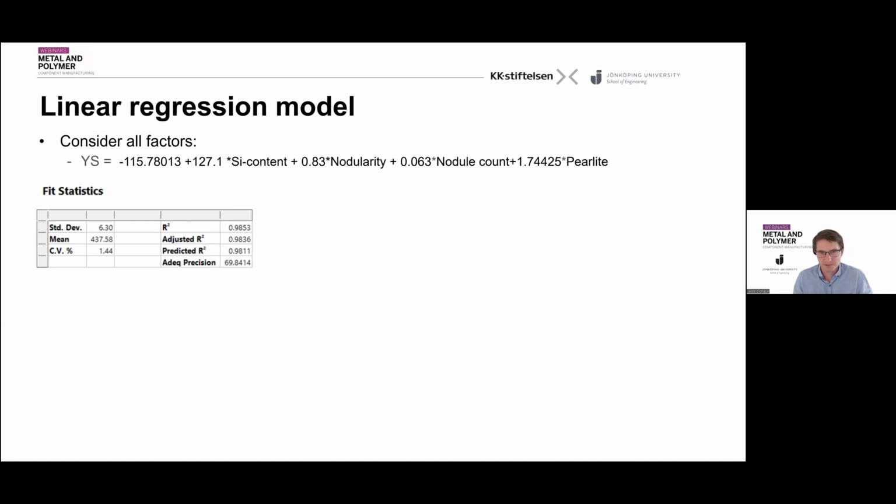So what people typically do is look at the R squared, because people have heard that R squared is a good measure. It shows the fit between your measurements and the model that you have, calculated as the square of the deviation between the measurement points and the predicted value.